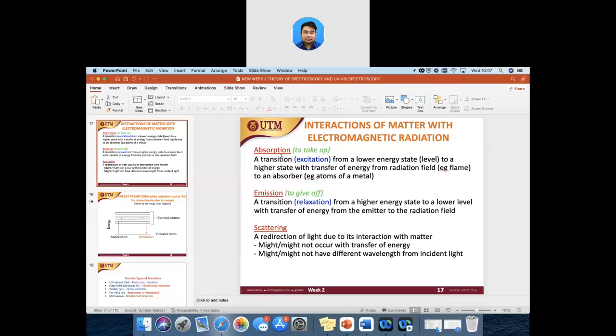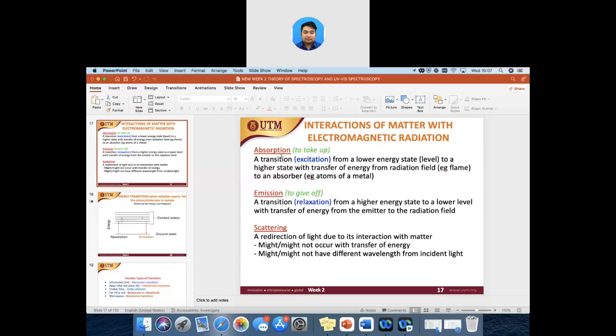So when it goes back to the ground level, what should it do to the energy that has been absorbed? It will emit. So the emission is to give off the energy that has been absorbed from the electromagnetic radiation.